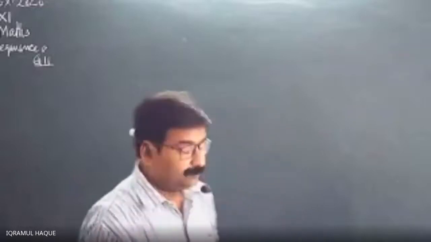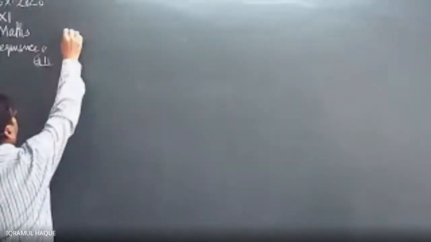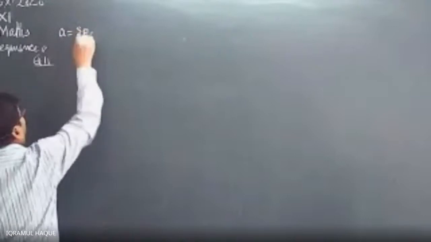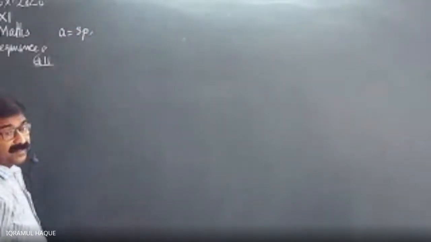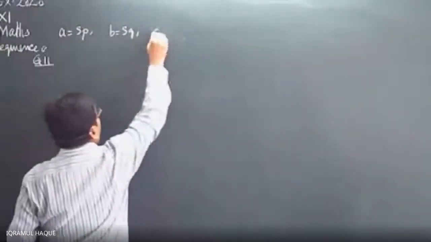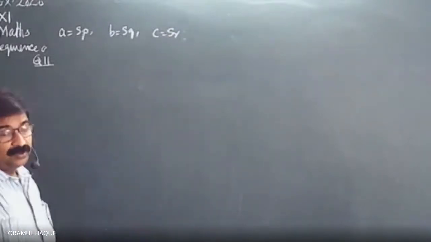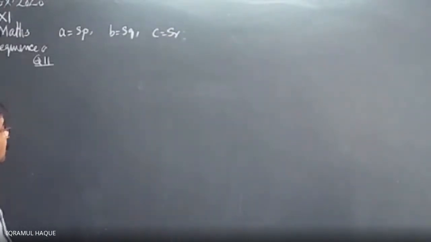Then prove that. See, we are given sum of p terms is a, b is equal to S_q, c is equal to S_r. Sum of p terms, q terms and r terms.